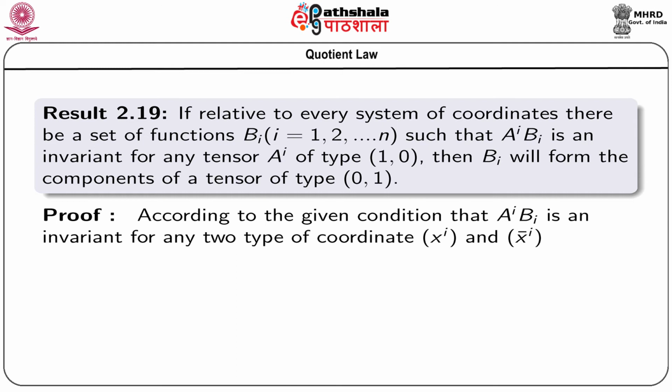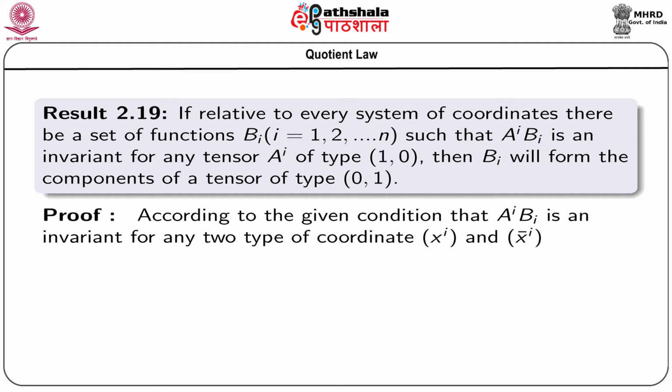A^i is known, that is, it is a tensor of type 1 0 or a contravariant vector, and it is also given that A^i B_i is an invariant, and we have to find the nature of B_i, and we shall prove that it is the components of a tensor of type 0 1 or a covariant vector.